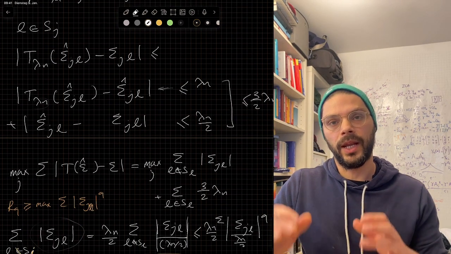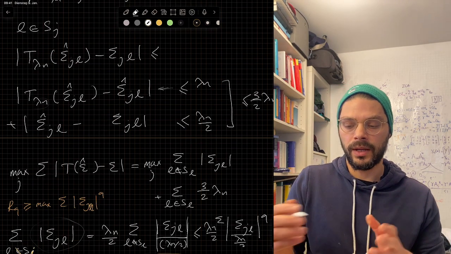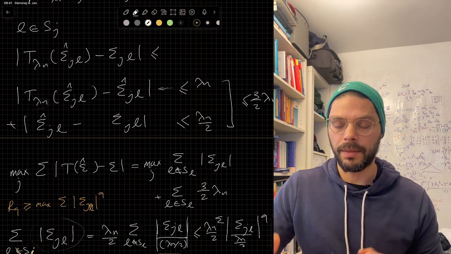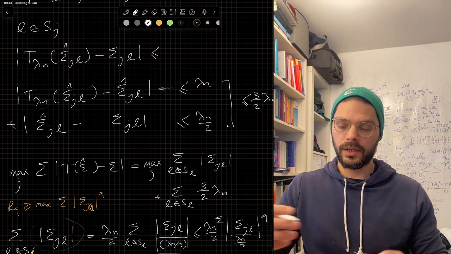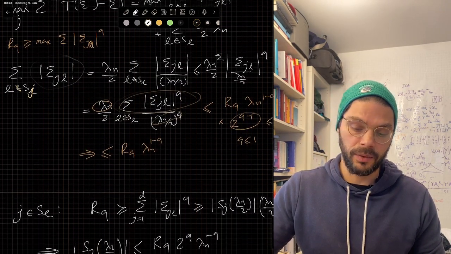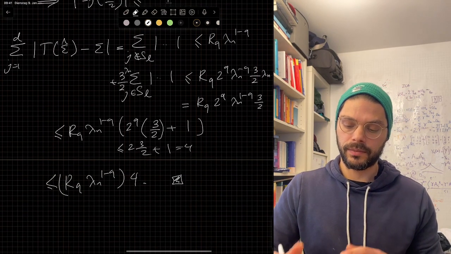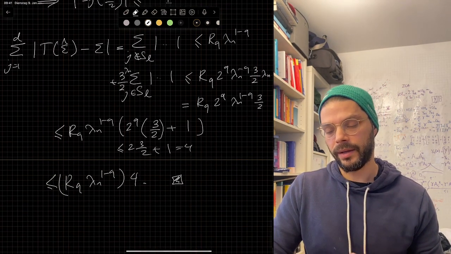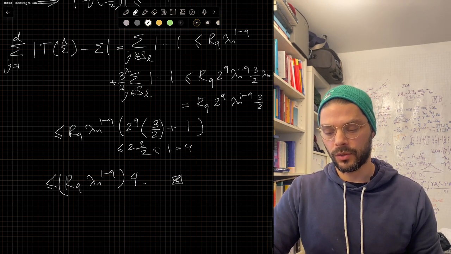We end up having to know what the number of elements are in a given row that are large, but we end up then being able to relate that to this R of Q, this kind of maximum Q norm. And in the end, we just combine those, and we finally end up with a result that the norm is bounded above by this Q norm, but scaled by our thresholding parameter.